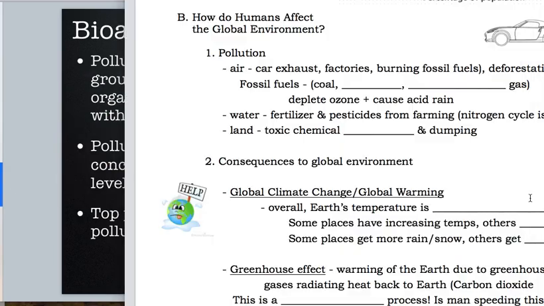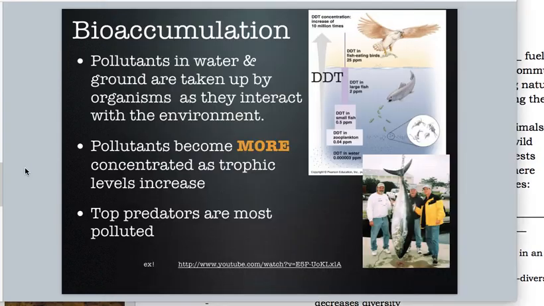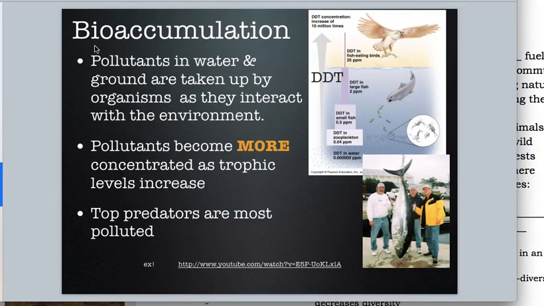Okay, bioaccumulation. We are now right here. So bioaccumulation, bio meaning life. What does it mean to accumulate something? Let's say your mother likes lighthouses, and so over time she accumulates more and more lighthouses.